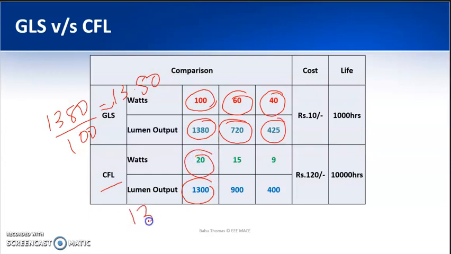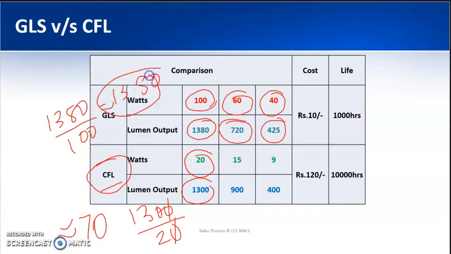So 1300 divided by 20 is 65, so it is approximately 70 lumens per watt that is the luminous efficacy of a compact fluorescent lamp. But in the case of an incandescent lamp, it is only 14. So you can see that it is normally 4 times more efficient than an incandescent lamp.